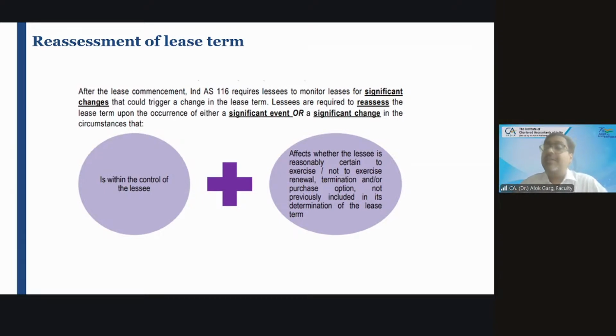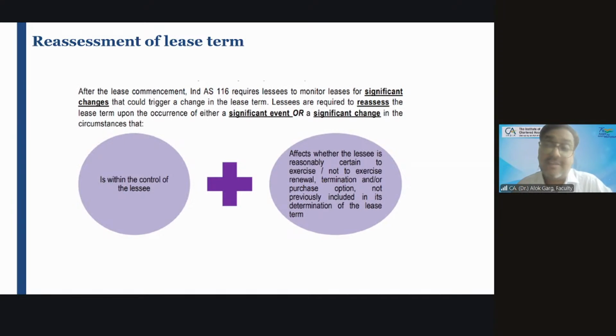But after 1 year, the lessee has done significant leasehold improvement. The lessee had not done the leasehold improvement when it took the premises on rent, but after 1 year the lessee's business was growing like anything, and the lessee decided to do significant leasehold improvement in the second year.